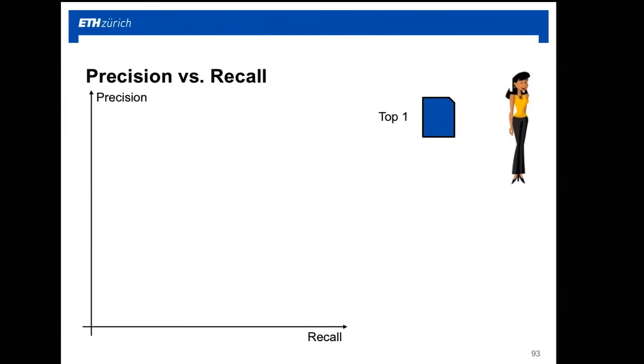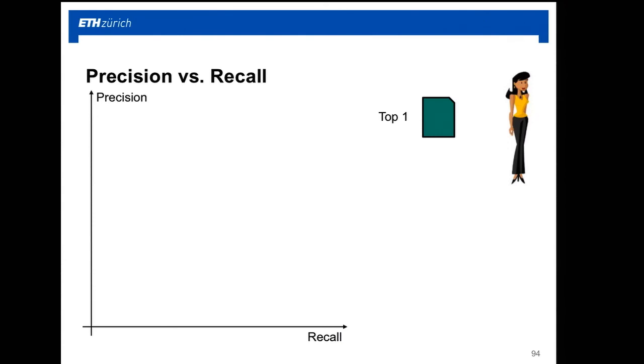I have somebody searching the web, looks at the top 1 document. The top 1 document may be relevant or maybe not relevant. So let's look at the two cases. If it's relevant, the first returned result of Google is relevant. What points do we get here? Where do you put the points? What's the precision and the recall for just this?